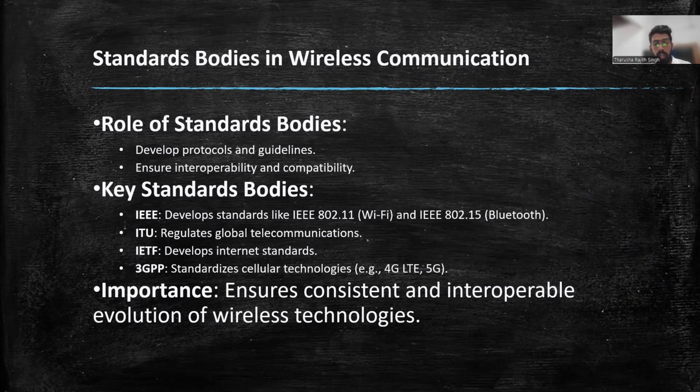Key standards bodies: IEEE, one of the most prominent standards bodies. IEEE is responsible for developing widely used standards like IEEE 802.11 and IEEE 802.15. 802.11 is for Wi-Fi, 802.15 for Bluetooth.